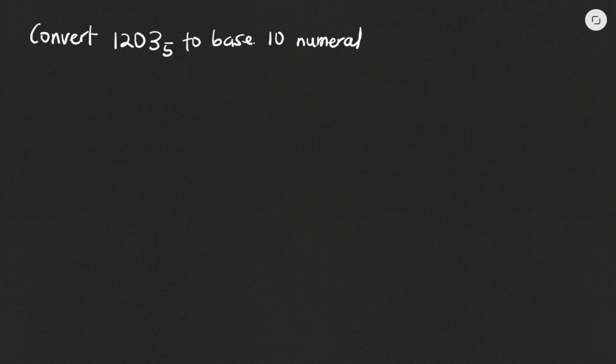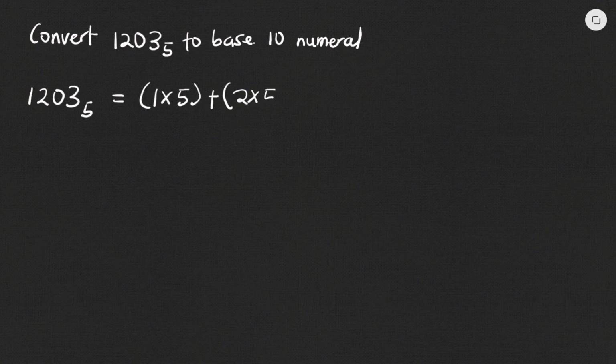Let's do that. I have 1203 base 5, and this will be equal to 1 multiplied by the base, which is 5, plus 2 multiplied by the base, which is 5, plus 0 multiplied by the base, then plus 3 multiplied by the base. As usual, we give the bases powers starting from the right to the left.